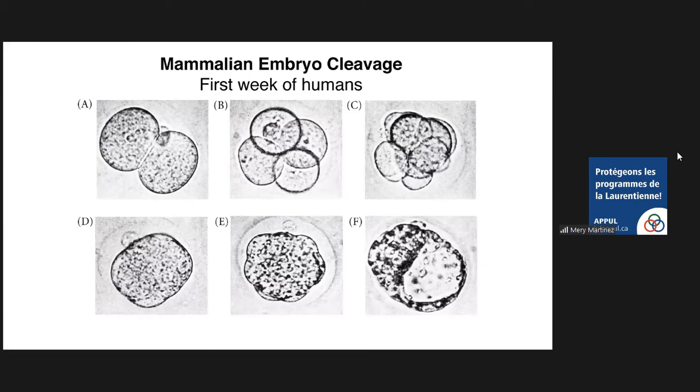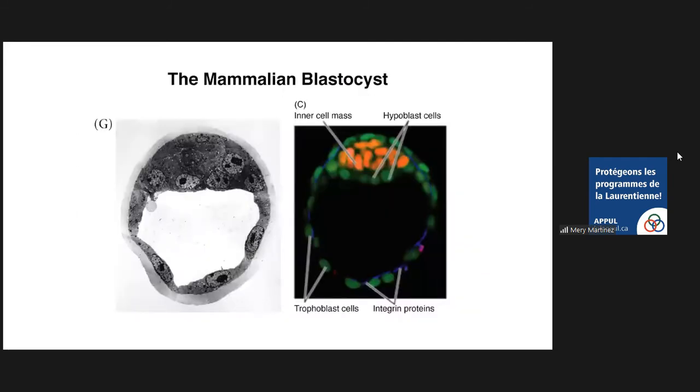The inner cells will become the embryo, as well as the embryo's amnion and yolk sac. The outer cells become the trophectoderm, the embryonic portion of the placenta. Fluid will fill the middle space, causing the embryo to form what's called a blastocyst.